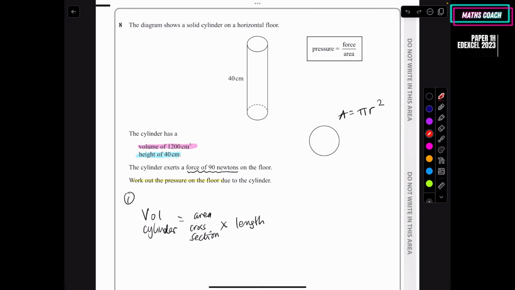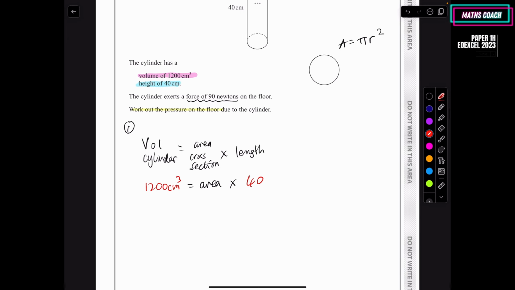So we are given the volume. That is 1200 centimeter cubed from the question right there. And the area of the cross section is our circle. We're trying to work out the area of our circle. And our length is 40 centimeters right there or there. Okay, so that's times by 40. Now, how do we find the area?